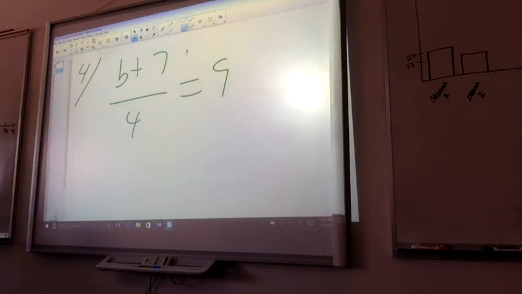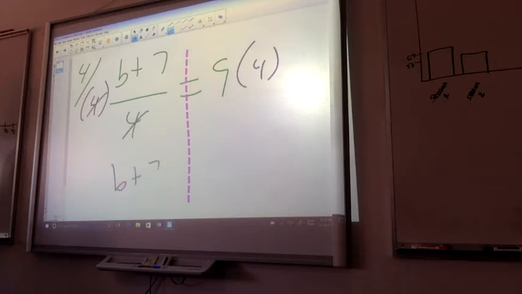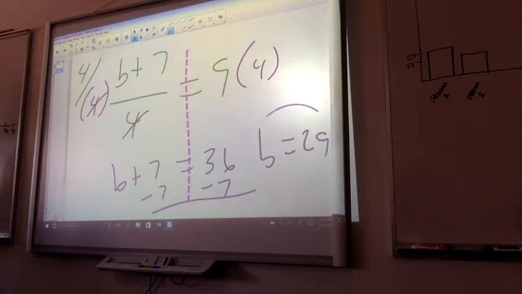So I have the whole B plus 7 as the whole numerator. It's in the whole top of the fraction. So the first thing I have to do is multiply each side times 4. So I get B plus 7 is equal to 36. Subtract 7. So I get B equals 29. Anything else? Going once, going twice?